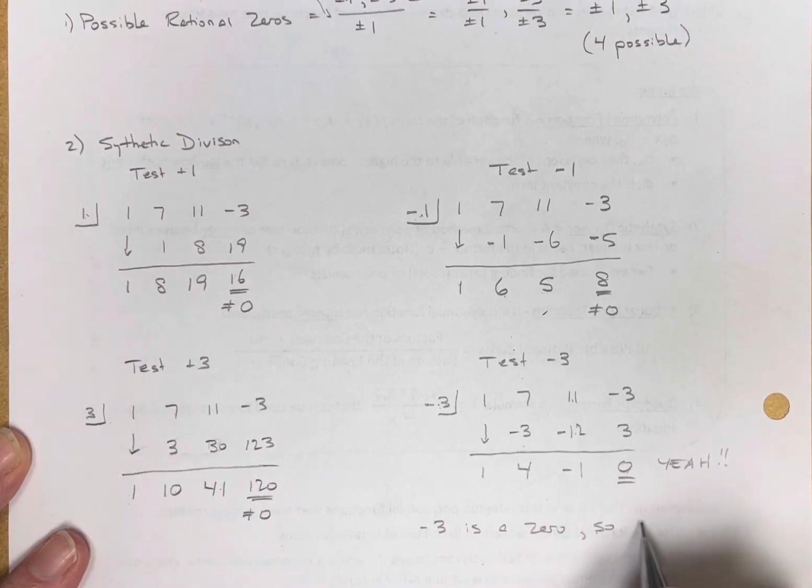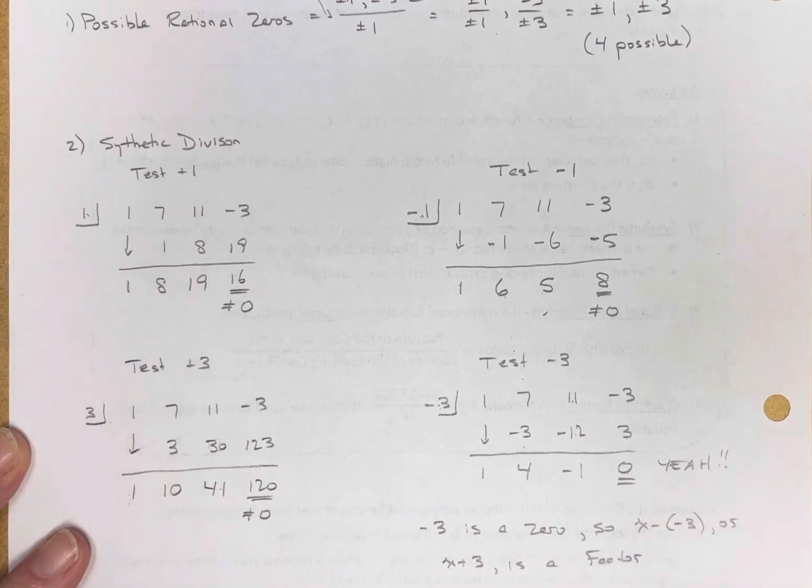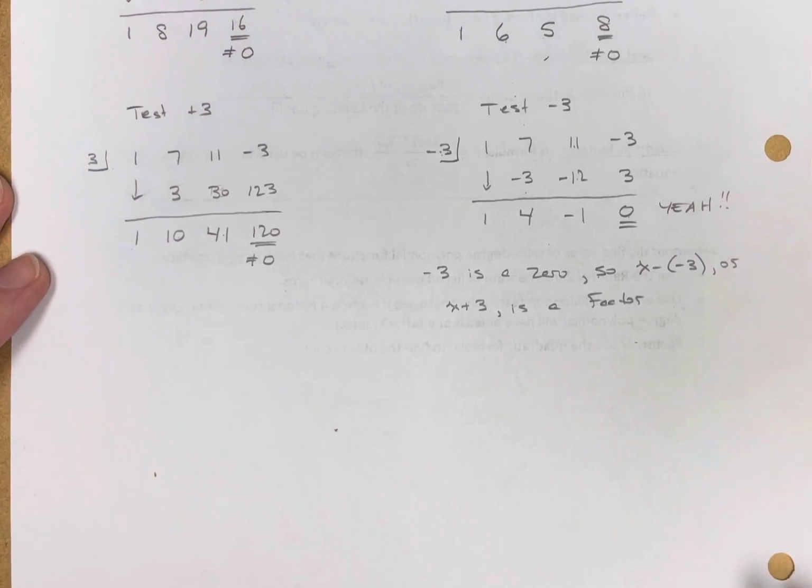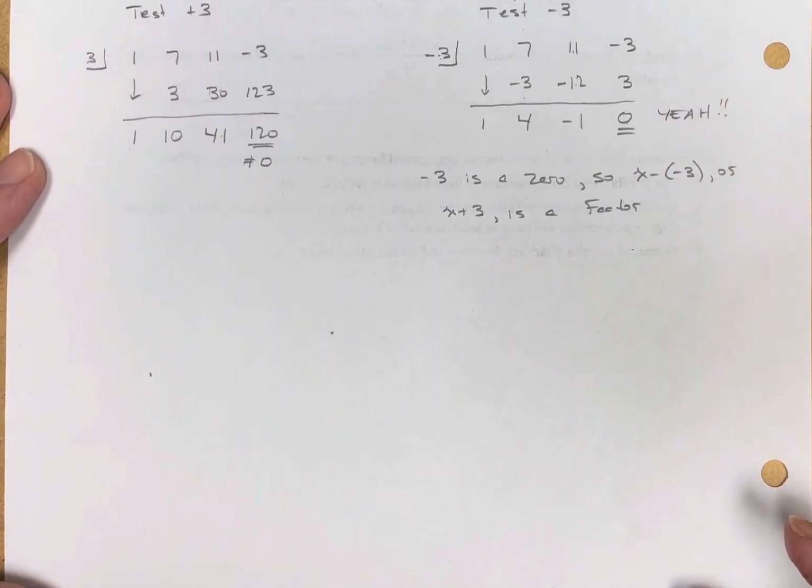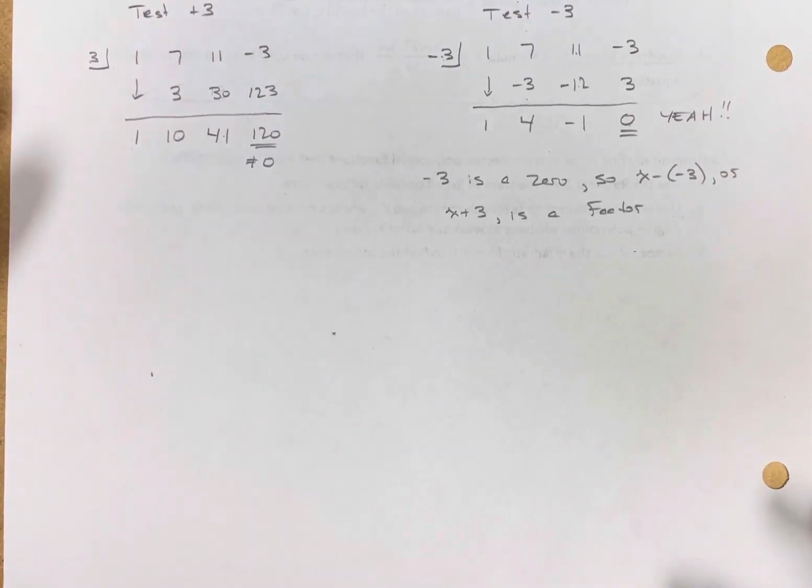So this means that x minus -3, or x plus 3, is a factor. Okay, so what does that tell us? You can see why I gave us both a whole piece of paper.